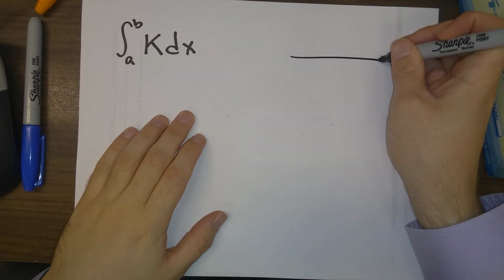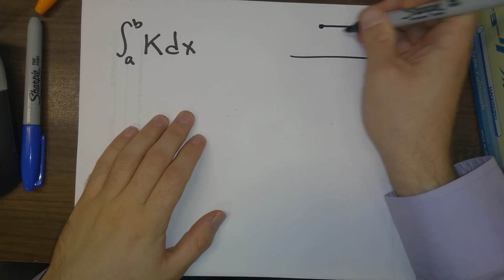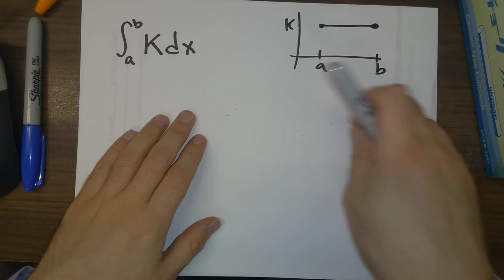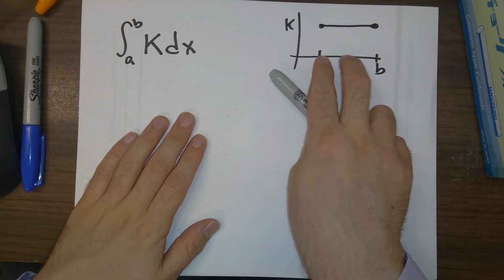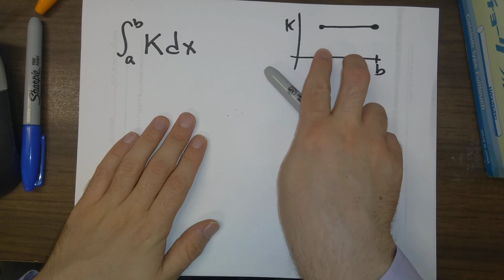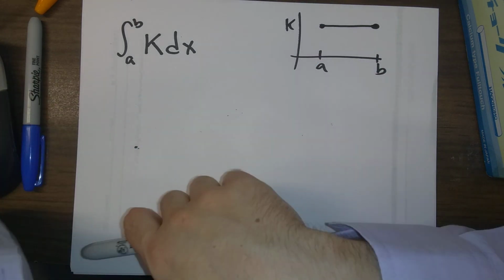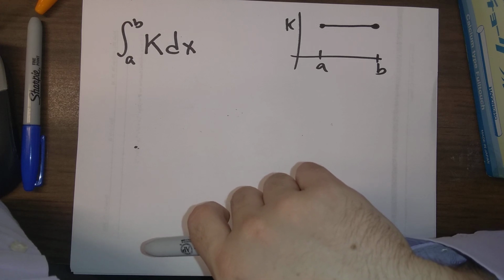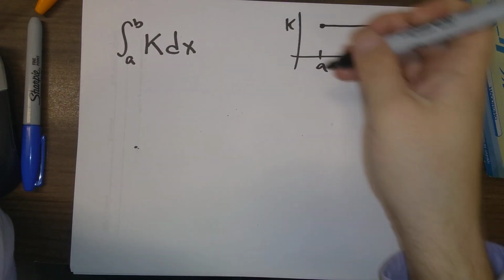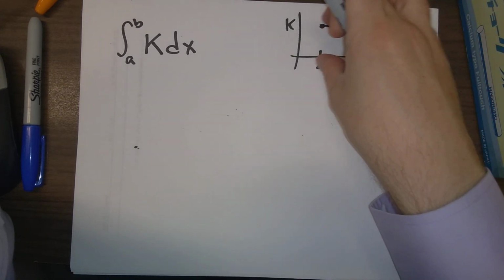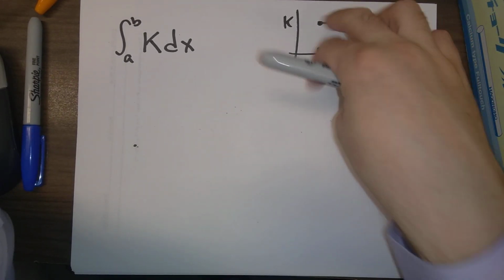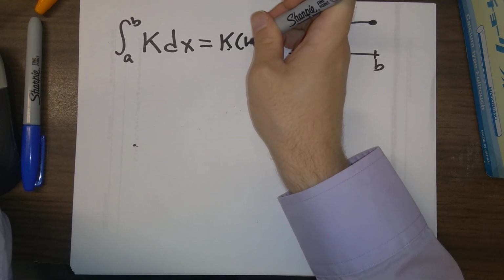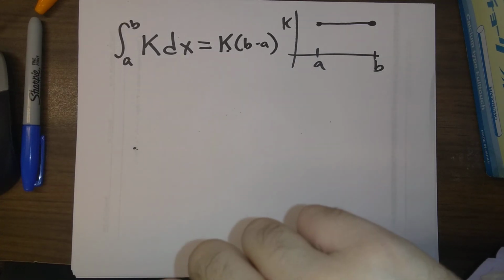If we draw a picture from a to b, no matter how we chop up our interval, our rectangles are always going to have height k, and the overall sum of the widths of the rectangles is going to be the length from a to b, b minus a. So no matter how we slice it, the area is going to be b minus a times k, and that is the answer for this definite integral.